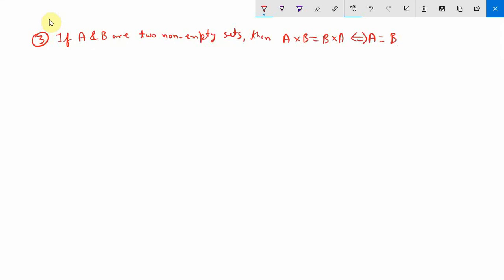Okay, that is if A equal to B, then also A × B will be equal to B × A. So we will see proof of this theorem.